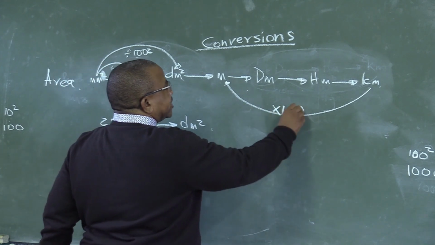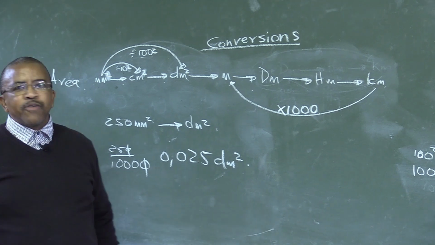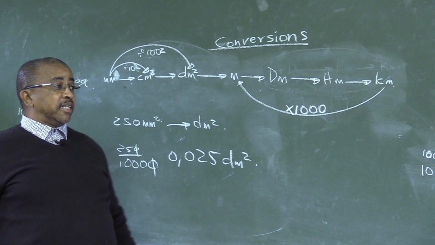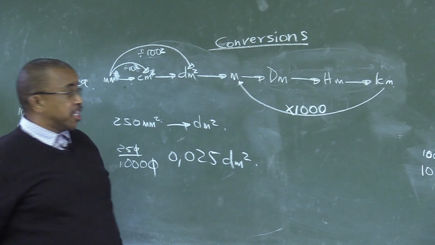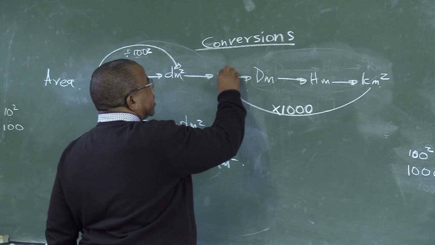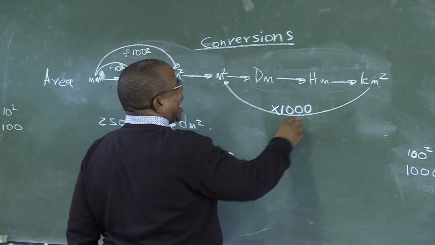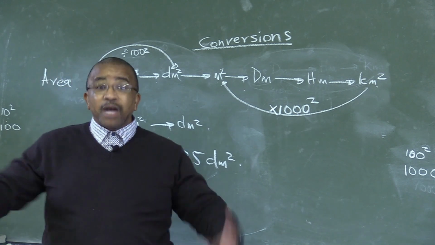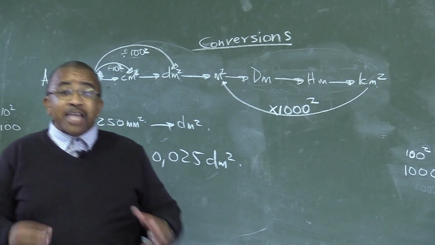By 1,000. Kodwa now nge-area, kilometer squared to meter squared you multiply by what? 1,000 squared, 1,000 about 1,000.